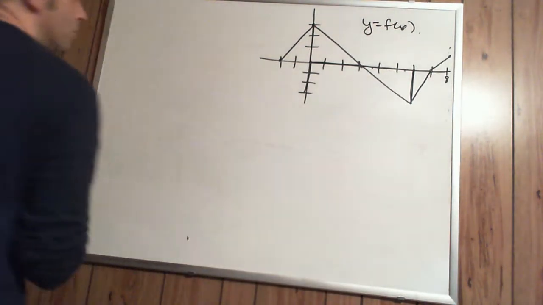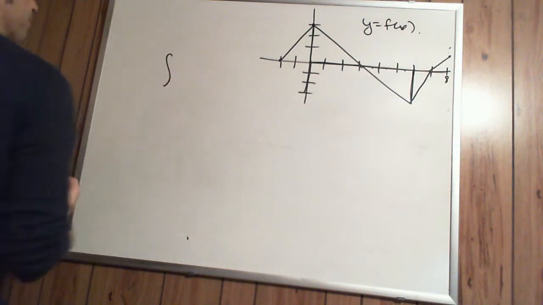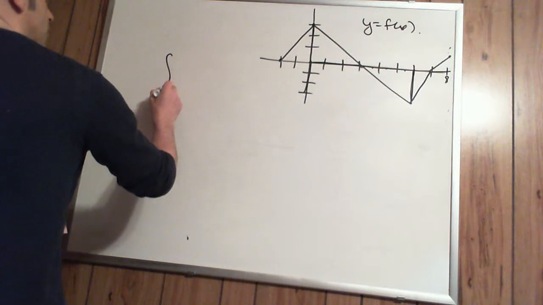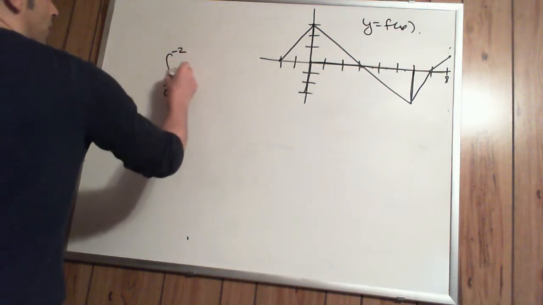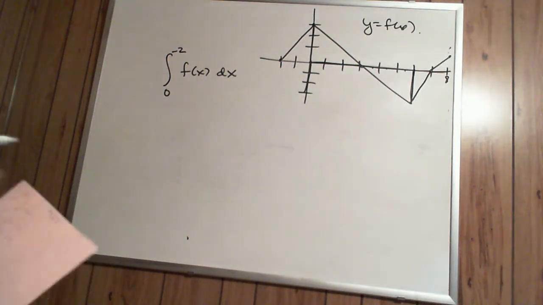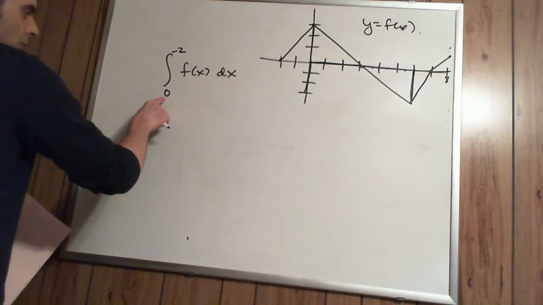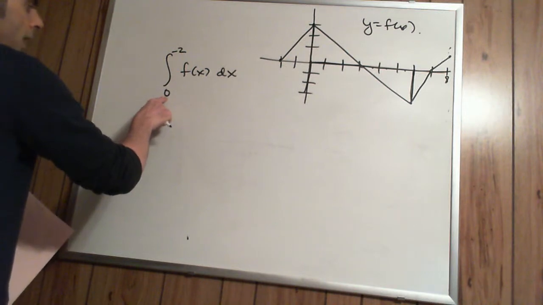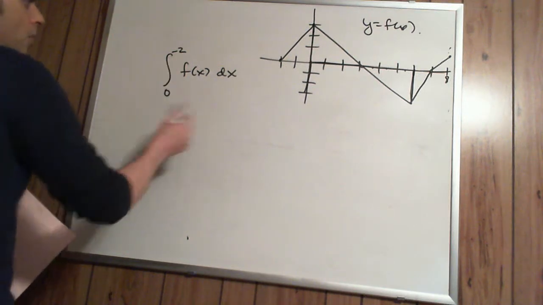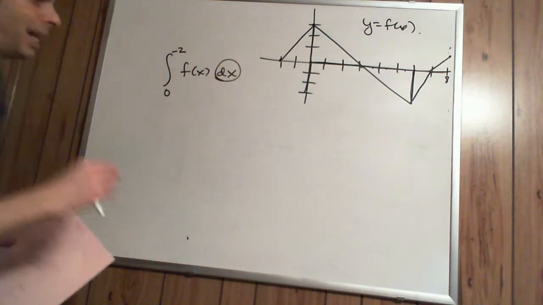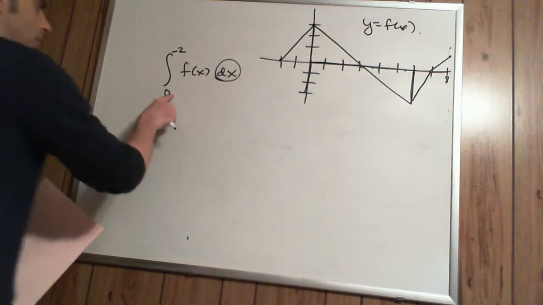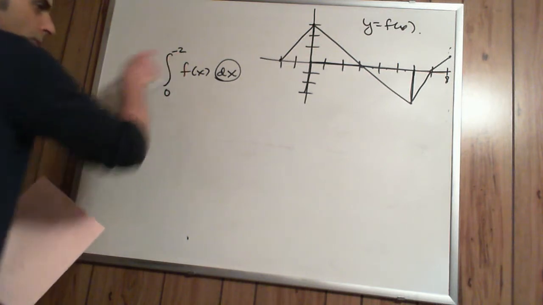Okay, another important property is if we have, suppose I have the integral from 0 to negative 2 of f of x dx. Notice here in this example, I'm integrating differently. I'm integrating from a higher number to a lower number, from 0 to negative 2, which means now my difference in my x's is going to be negative, because the x's are decreasing from 0 to negative 2.